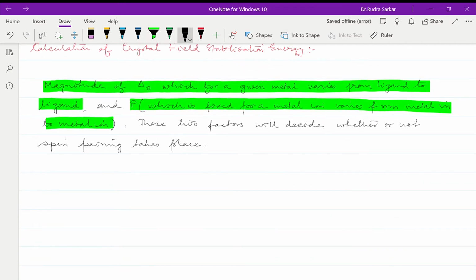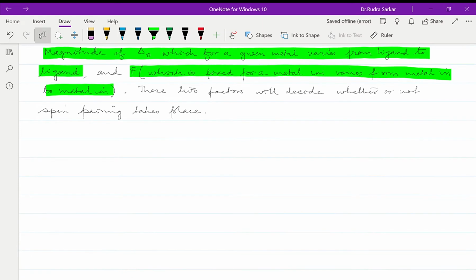say we are considering the d1, d2, d3 systems.